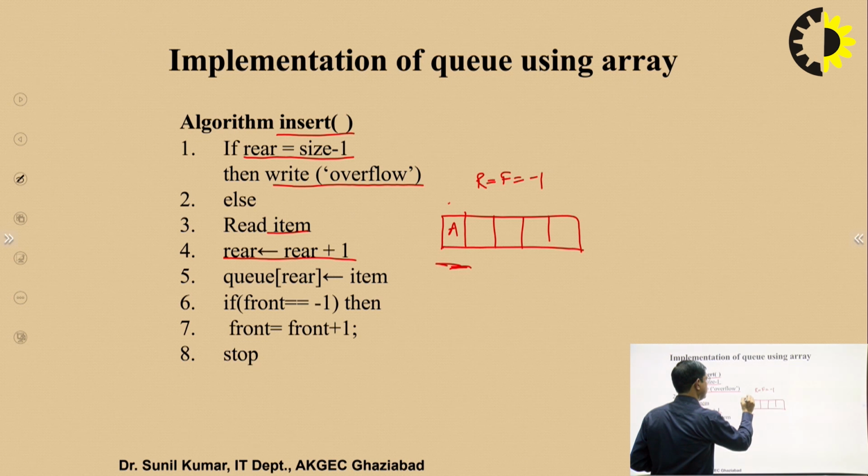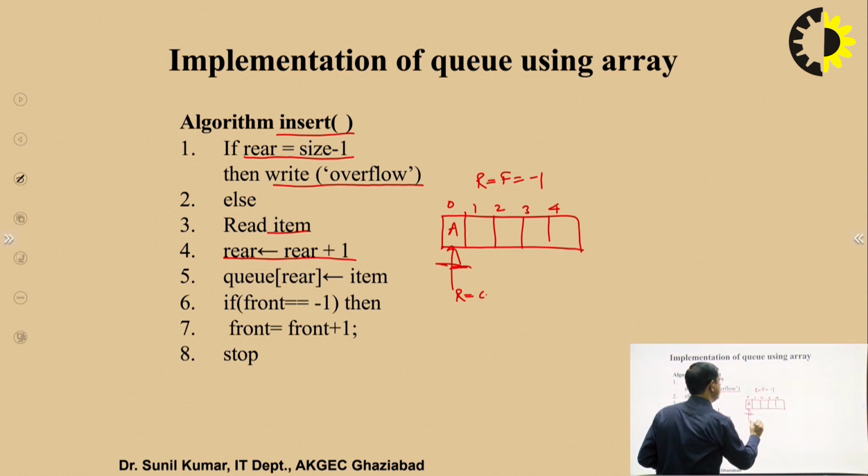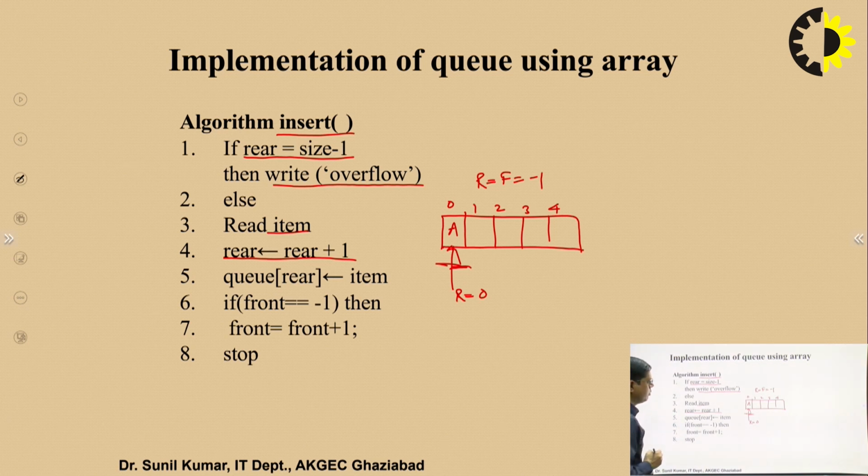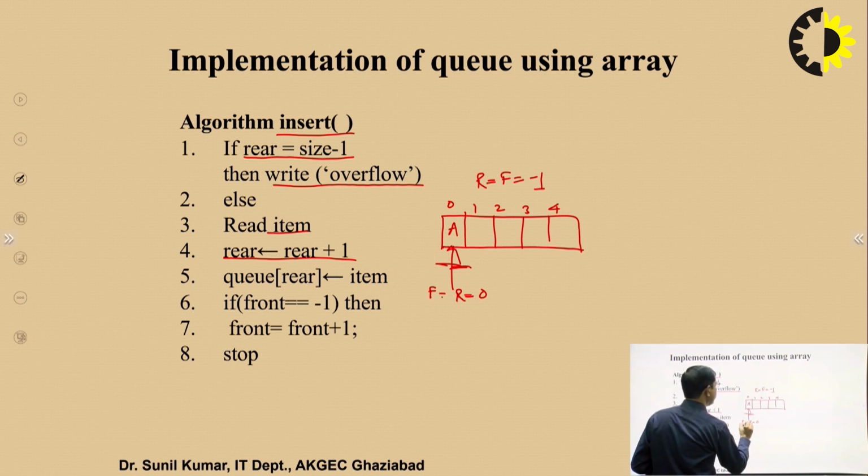That means if we are indexing from 0, 1, 2, 3 and 4, in that case rear is 0. But because this is the first element, we have to maintain the value of front also. If front equal to -1, in that case front will be front plus 1, that is front equal to rear equal to 0. And finally, insertion will be done in the given queue.